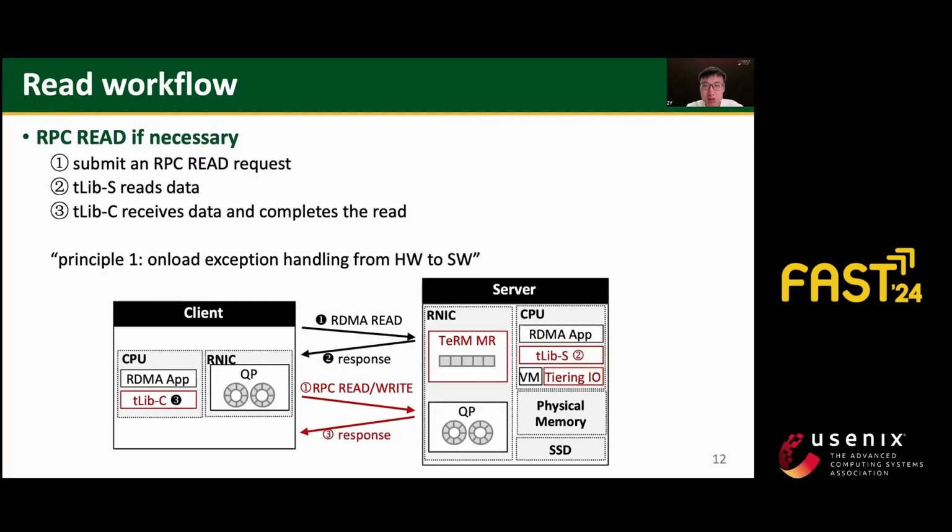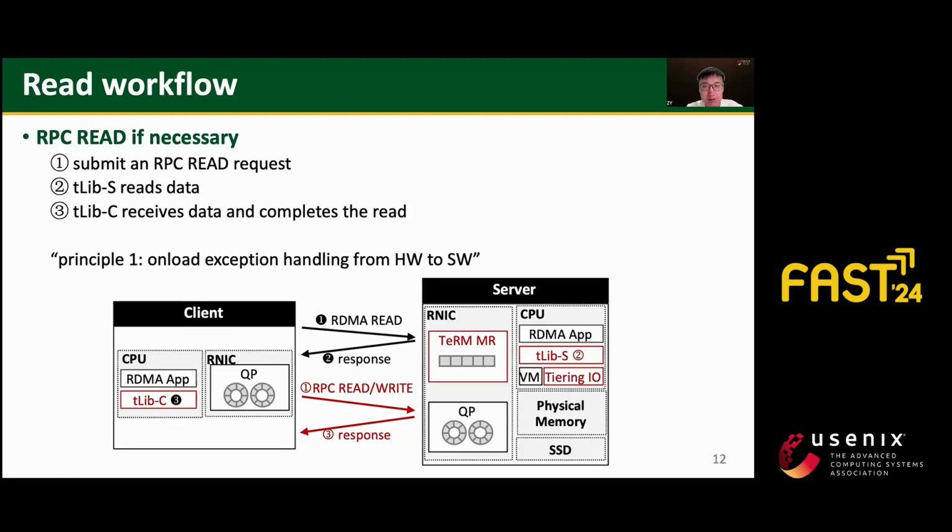As the read arrows and components shown in the picture, TeRM uses software RPC read in 3 steps. Step 1. tlibc, the client-side shared library of TeRM, submits an RPC read request.